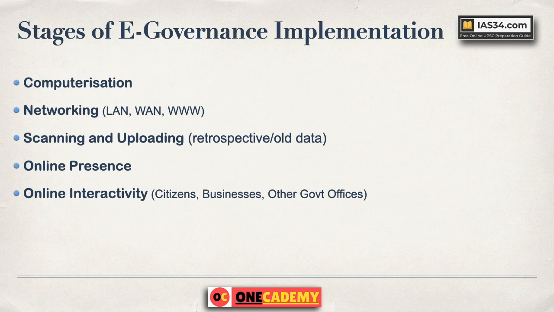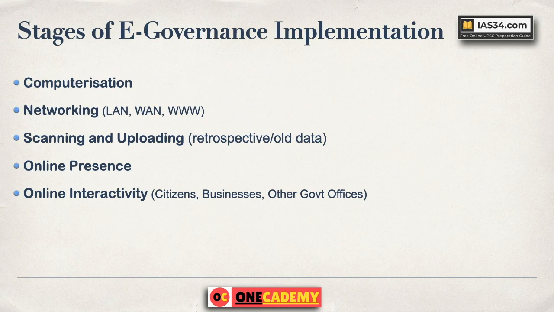And then there is online interactivity, which means interaction with different agents who want to come and do business with the government. Everybody basically. So citizens, they always interact with the government for different kind of services, because of course the citizens have given the government the right to govern this country.